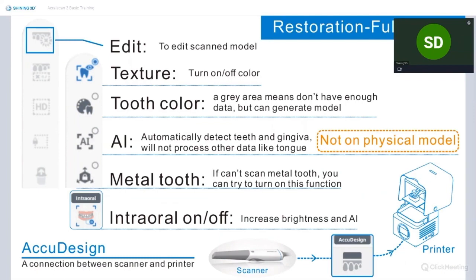So this is the first case today. It's a restoration type, and it's a 4-crown case. Okay, so inside this, during the scanning, we will have different functions, and I will show you in the software.